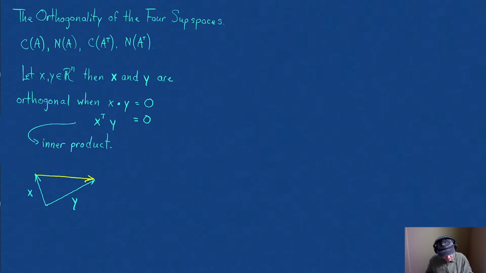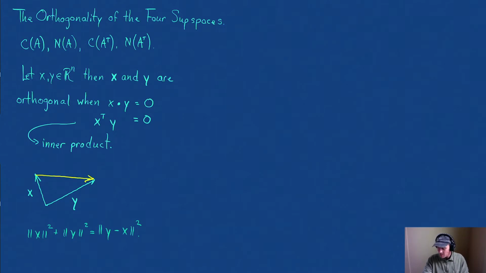Well, then what we can say is that the length of x squared plus the length of y squared is equal to the length of y minus x squared. Now, that's what orthogonality means. So this is orthogonality of just two simple vectors.